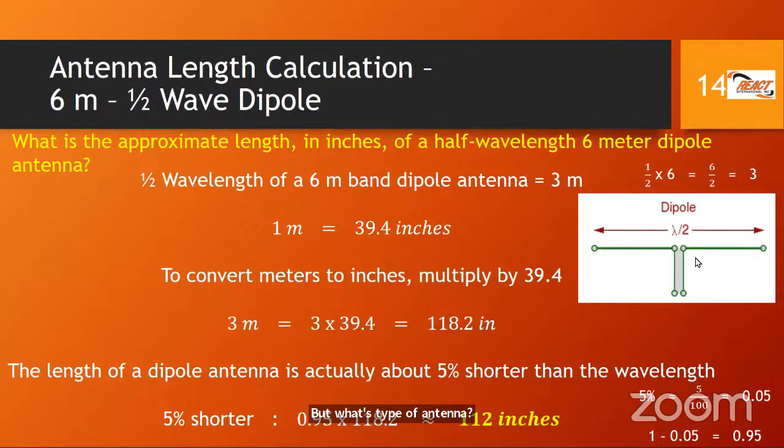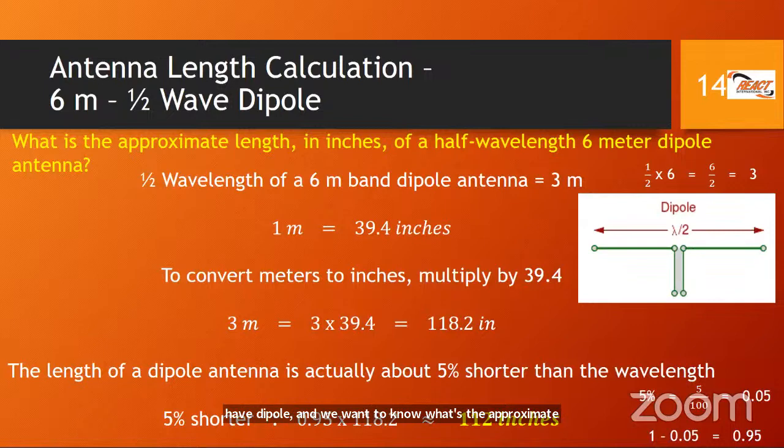So let's go back to our trusty little diagram here that shows how a dipole is constructed. We have our feed line, our cable that goes to our radio, and it meets the antenna here. This is the center point, or the feed point of the antenna. And now we know this is a half wave dipole. And we want to know what's the approximate length of this antenna in totality.